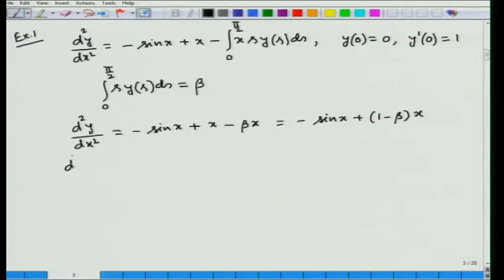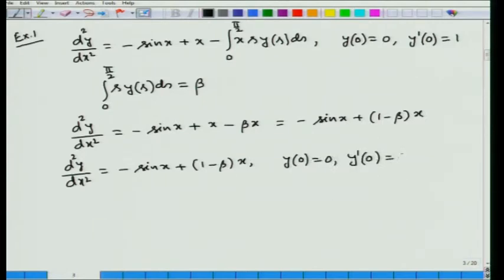and now we can solve this initial value problem, that is d2y/dx2 equal to minus sin x plus (1 minus beta) x, with the initial conditions y(0) equal to 0 and y dot (0) equal to 1.